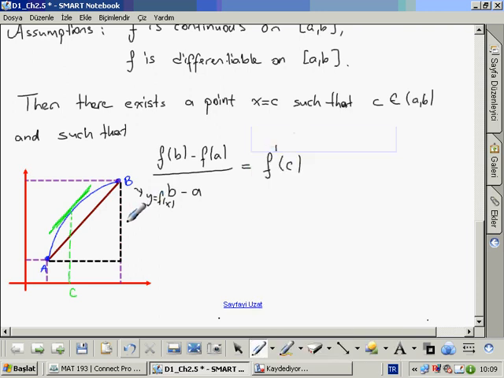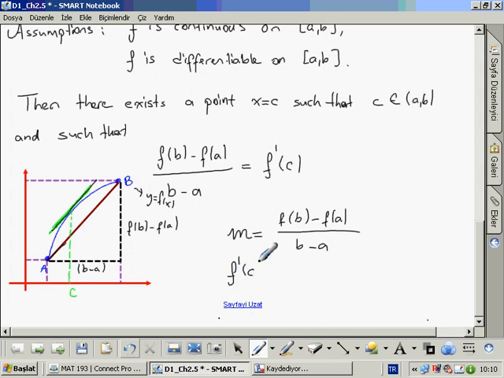This point is f of b minus f of a, and this black dotted line is b minus a, right? As you see, these slopes are the same, so m equals, for this green line, f of b minus f of a over b minus a, and f prime of c equals this slope.